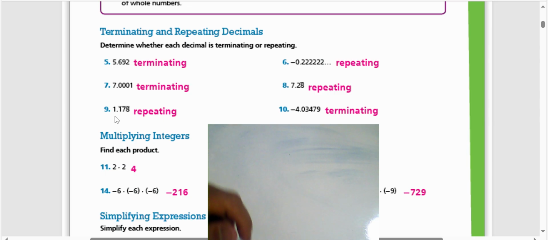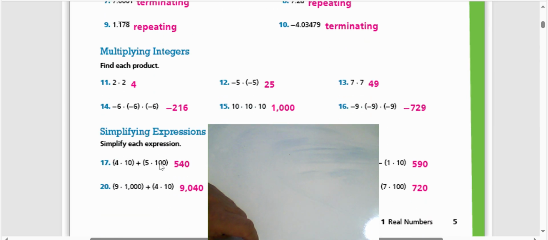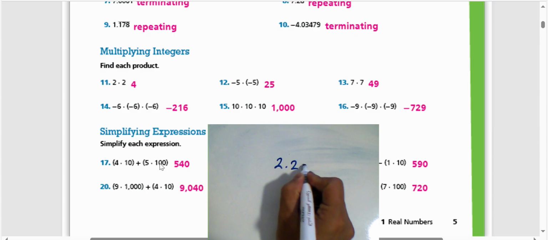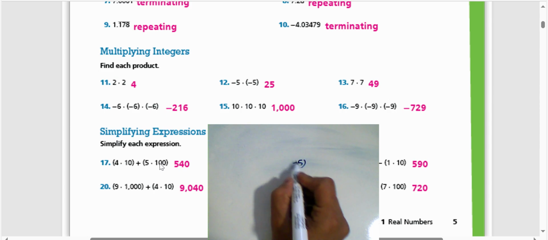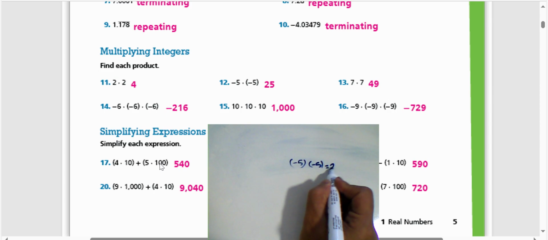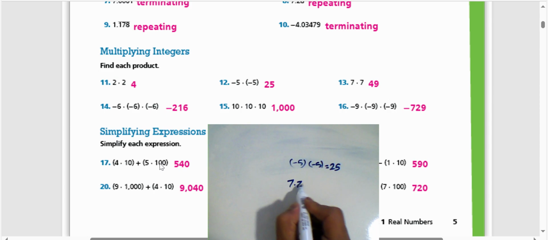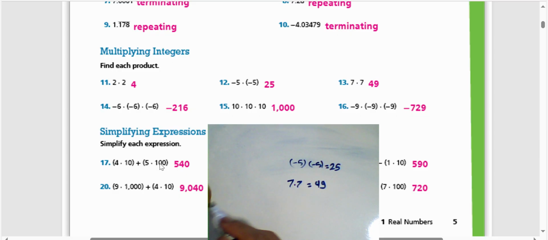The digit was repeating. Multiplying integers: 2 times 2 equals 4, and -5 times -5 will be 25. 7 times 7 equals 49.